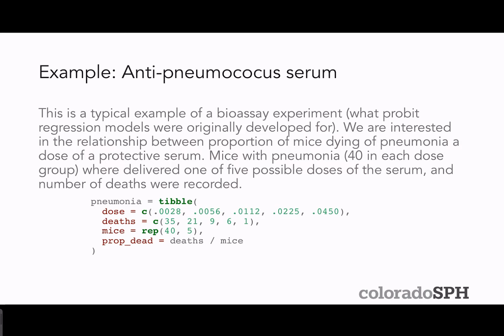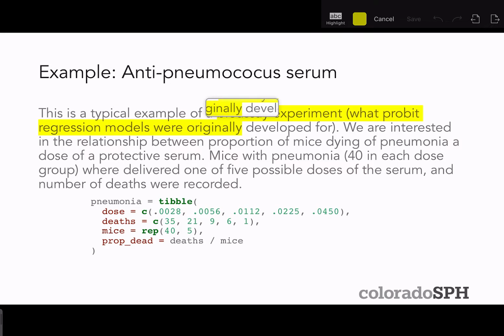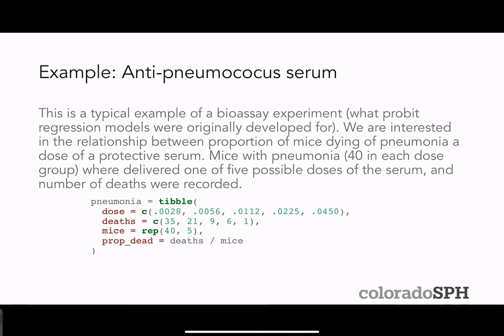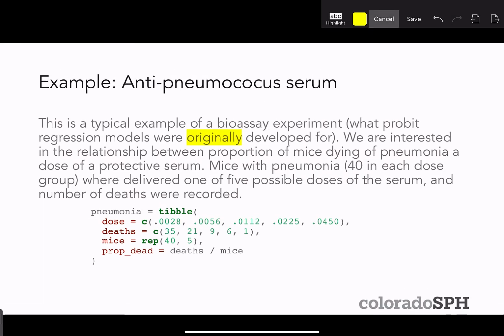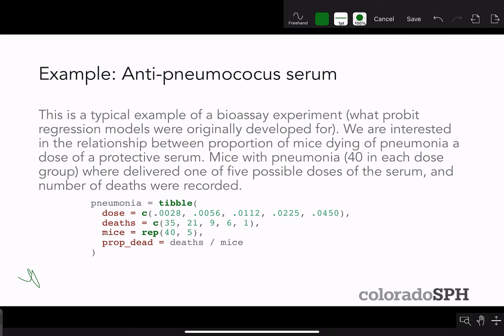So I'm going to go through an example, and this is a typical example of a bioassay experiment. Bioassay experiments are what Probit models were originally developed for. In this example, we're interested in the relationship between the proportion of mice dying of pneumonia and the dose of protective serum.